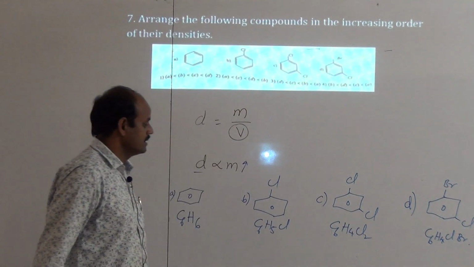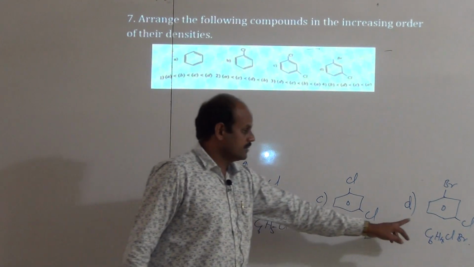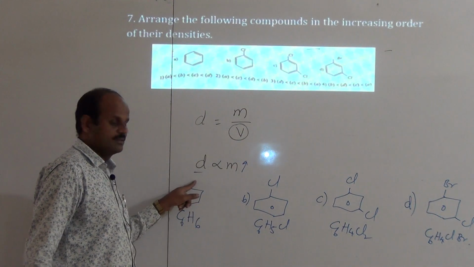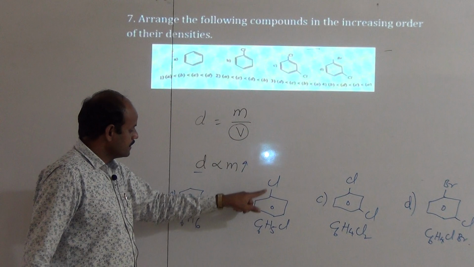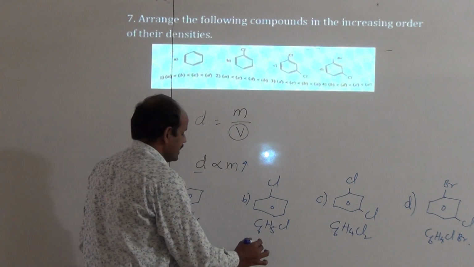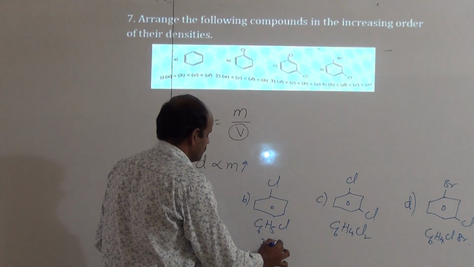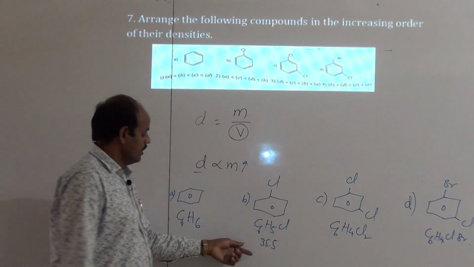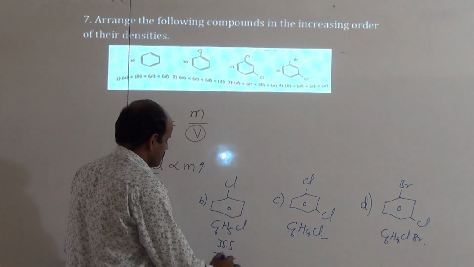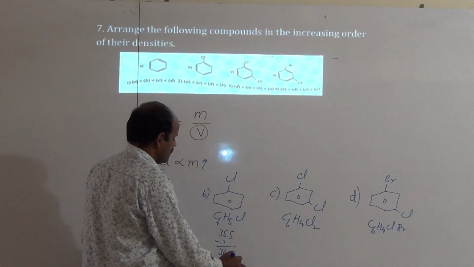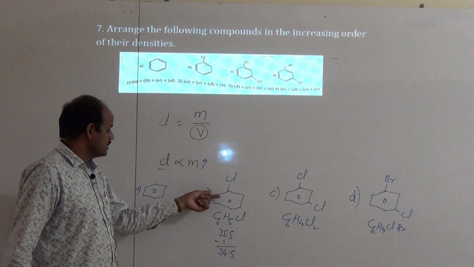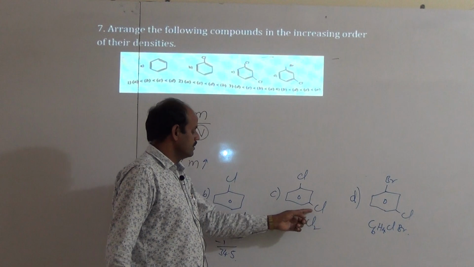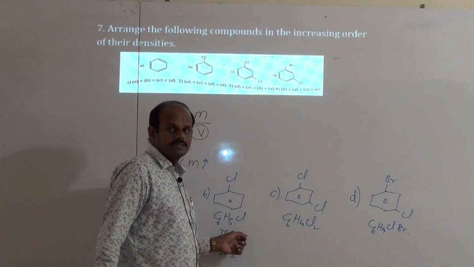Thus where is the molecular mass very high? In the fourth option only, because in the first only benzene is there, no other atoms. But in the second option Cl is there, so it is greater by 35.5 than the first option, but one hydrogen is less, minus 1, so it is 34.5 grams heavier than option A. And here two are there, so 35.5 into 2, 71 will increase.